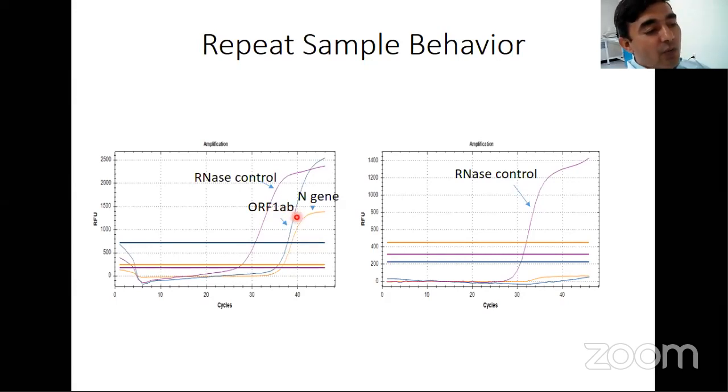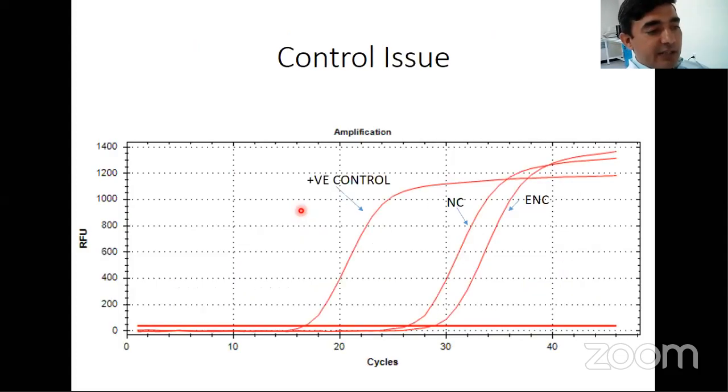Similarly, if any one of the two targets is positive, it gives you information that yes, this particular case is positive. We already discussed that for reporting a particular batch of a PCR machine, we need to validate the control.